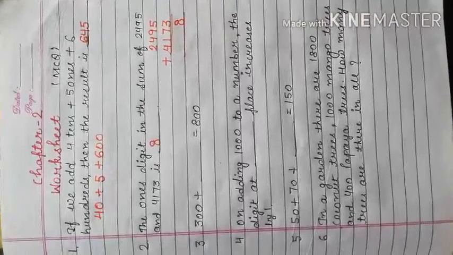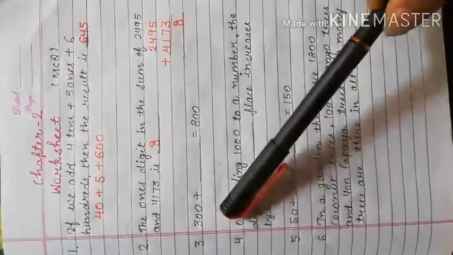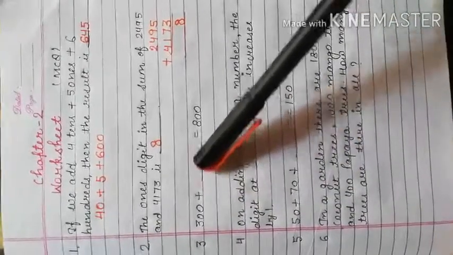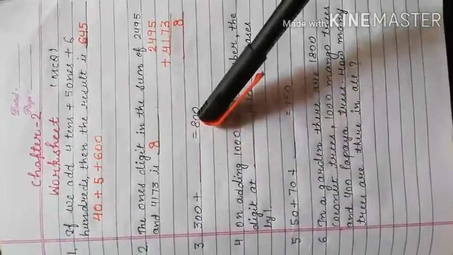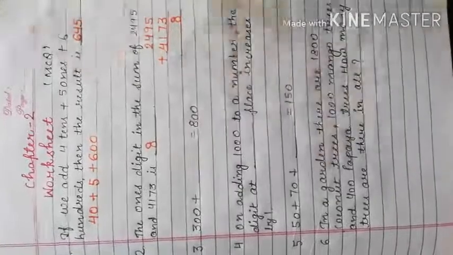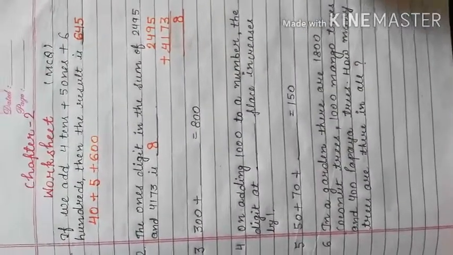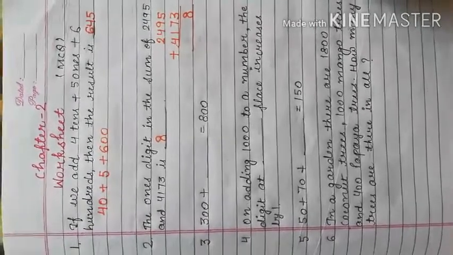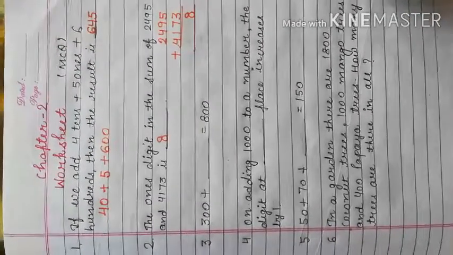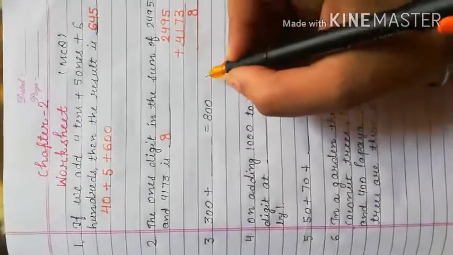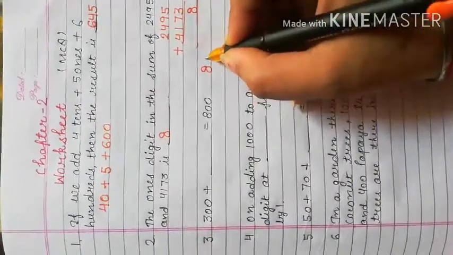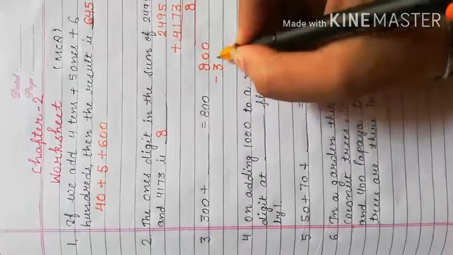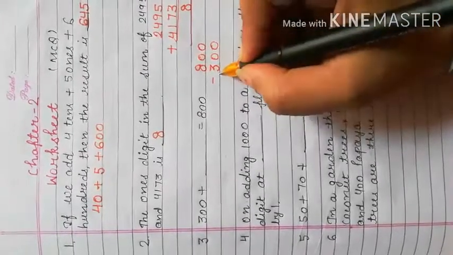Now move to the next question, that is question number 3. Here you have 300 plus dash is equal to 800. This type of question we have done in our yesterday's class, in which we calculated the missing addend. And how did we calculate it? We just subtracted the addend that is given from the total sum.